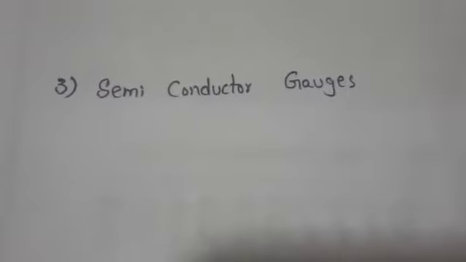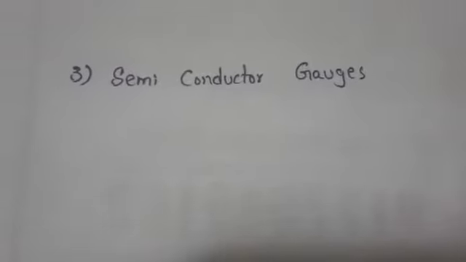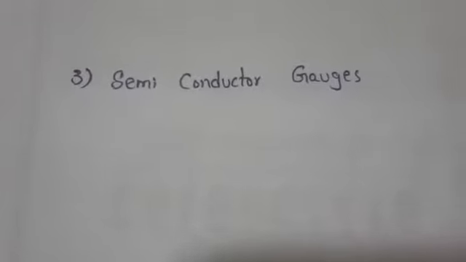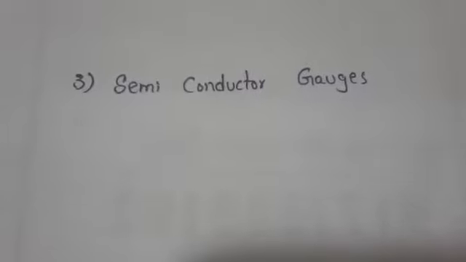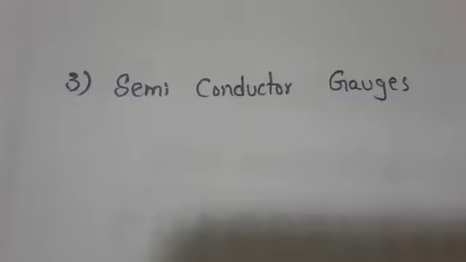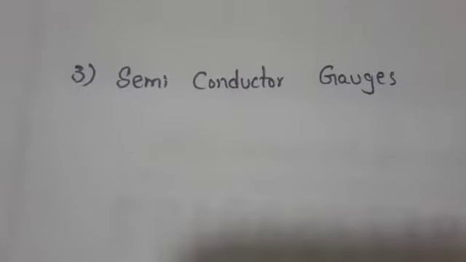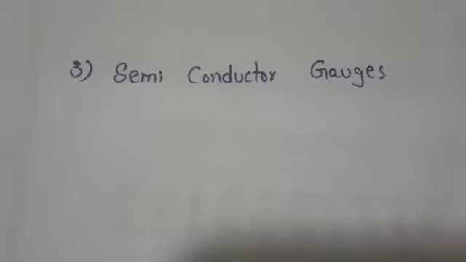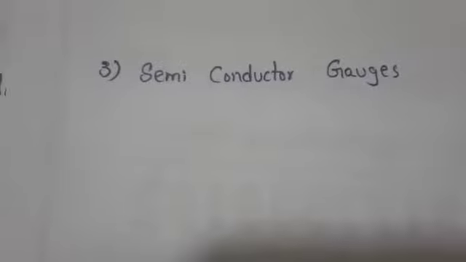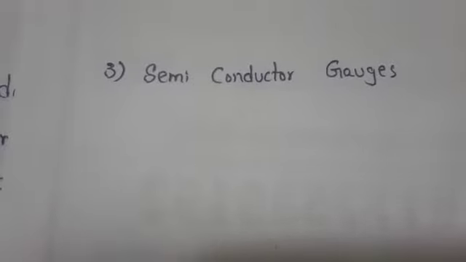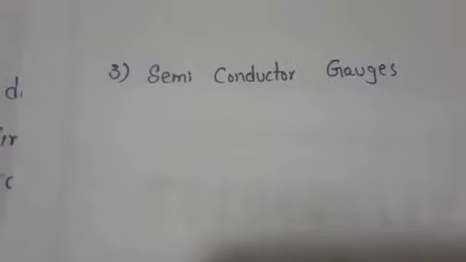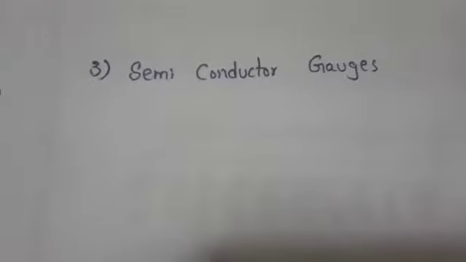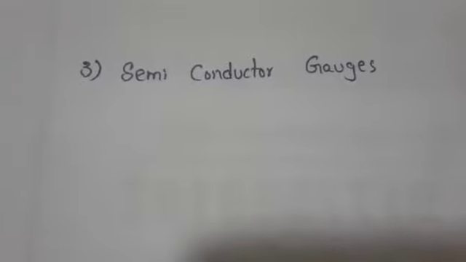The resistance of semiconductor gauges changes with the change in applied strain. These gauges depend on the piezoresistive effect, that is, the change in the value of resistance due to the change in resistivity when they are strained.